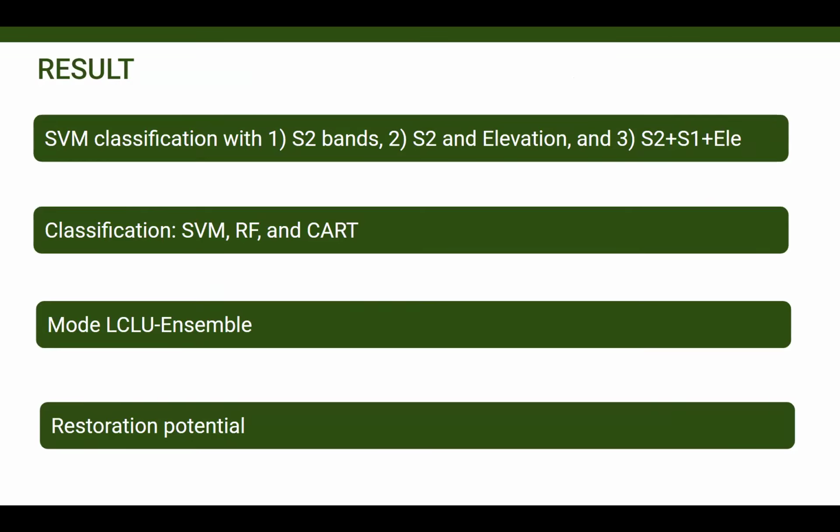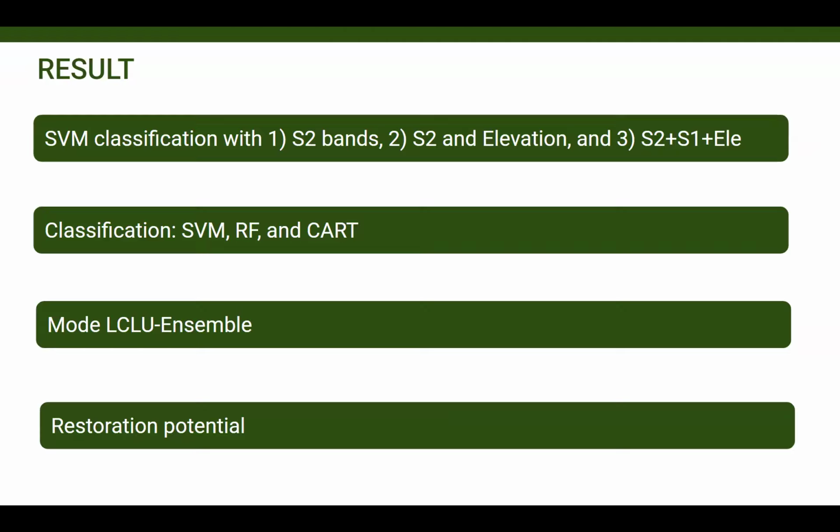I am showing the results in four parts. SVM classification using only Sentinel-2, second Sentinel-2 and elevation, and third Sentinel-1, Sentinel-2 and elevation, all combined, with bands as features. Then second classification, I am showing SVM, random forest and CART, their performance, how they look.